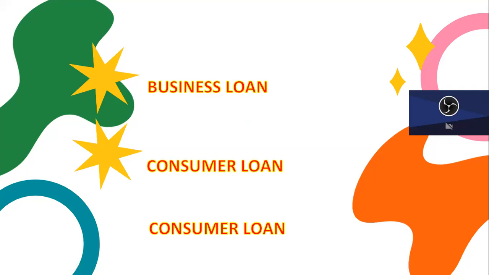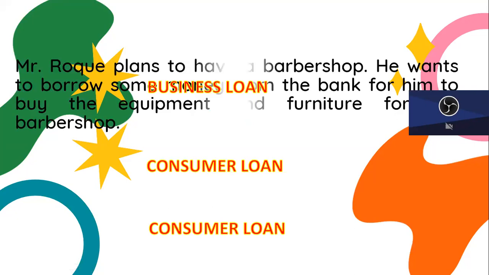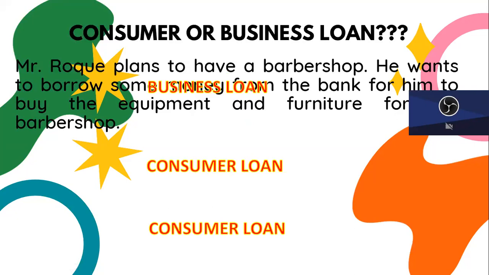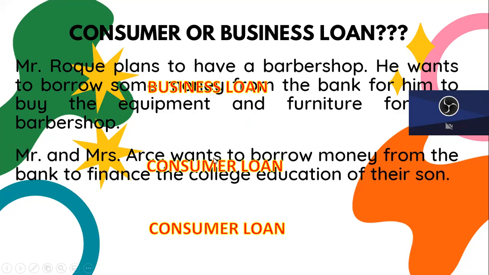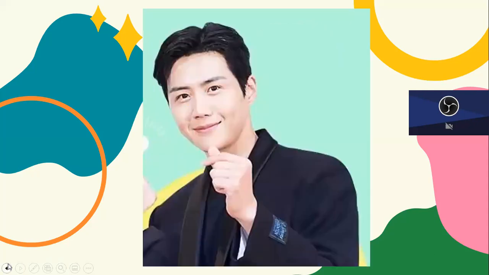So ano-ano yung mga situations na example ng business loan, ano naman yung consumer loan. So we'll try to distinguish. Sabi dun sa una, wants to borrow some money from the bank. So since sa barbershop, sa business niya, natural, it's a business loan. Then Mr. and Mrs. Arce want to borrow money from a bank to finance the college education of their daughter.